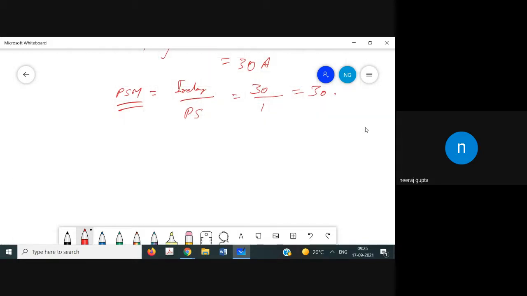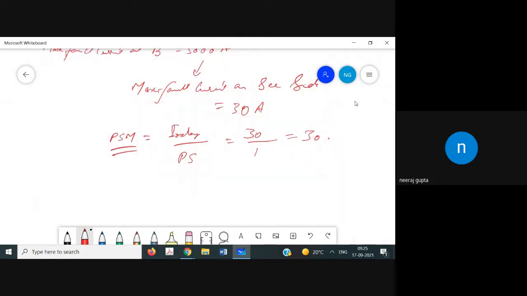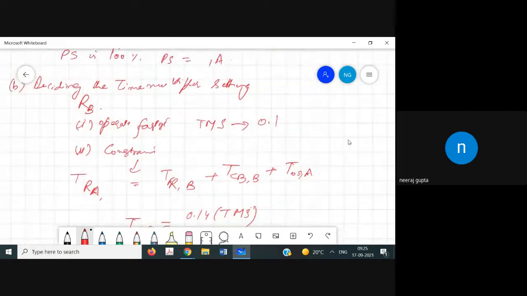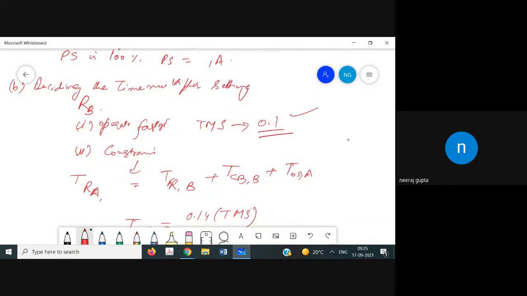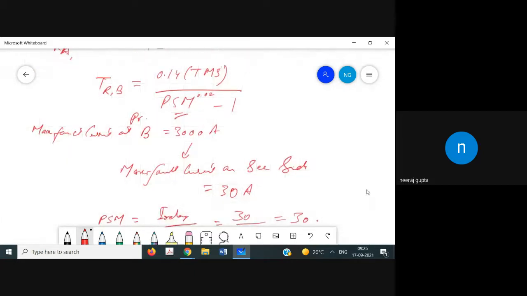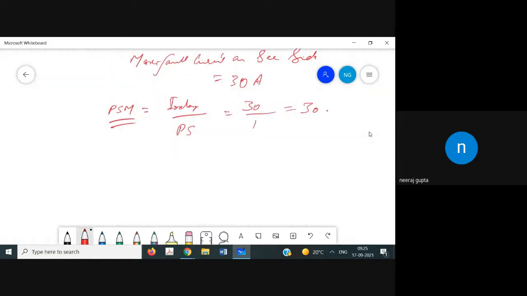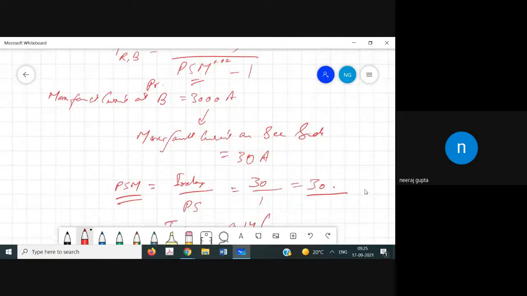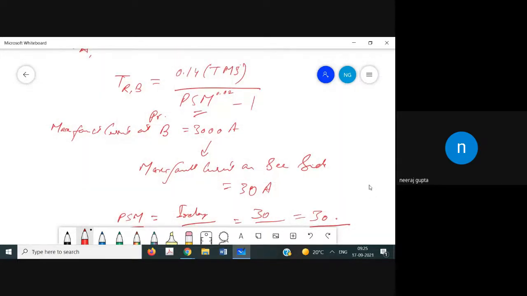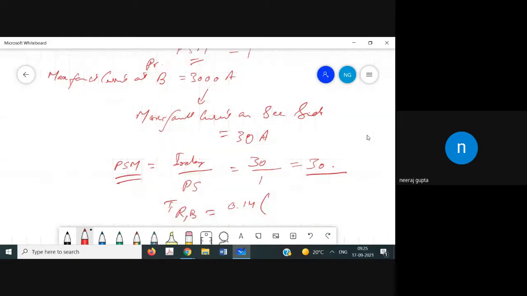So for TMS, the time setting multiplier, in this case for relay B, we have assumed in the first section it equals 0.1 because we don't have to coordinate with any other relay. So we have the TMS of 0.1, PSM of 30. Finally, we are getting TRB, the time for the relay to operate, as per the formula, 0.14 TMS divided by PSM to the power 0.02 minus 1.